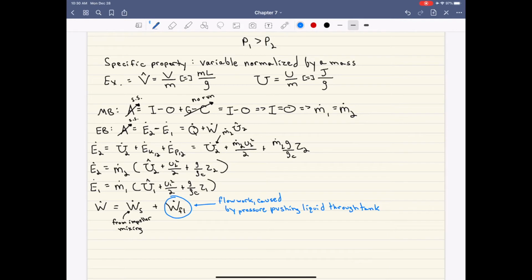The shaft work magnitude is going to be determined by things that are external to the process, like the size of the motor that's turning the impeller. But the flow work is going to be determined from the streams themselves, specifically the pressure and the volumetric flow rate of the stream.